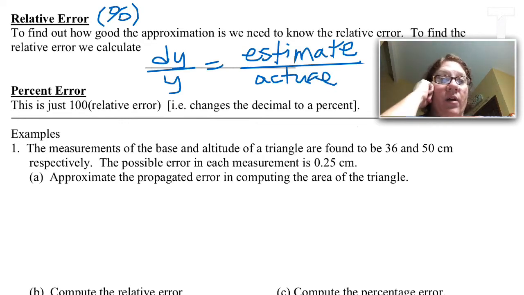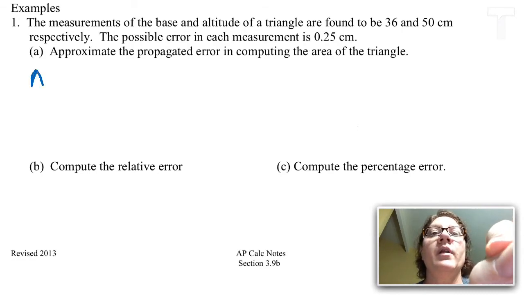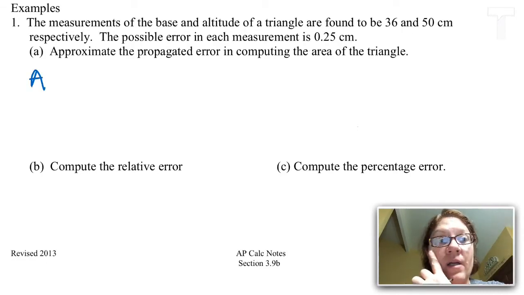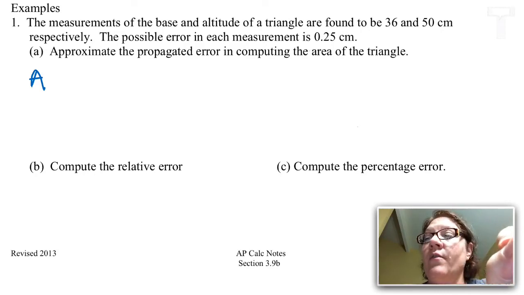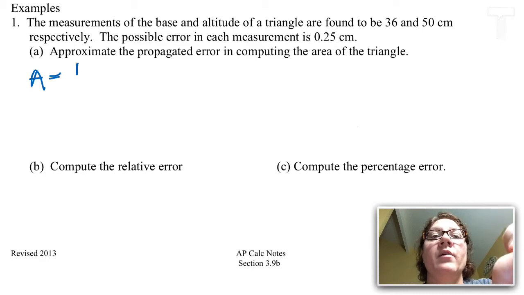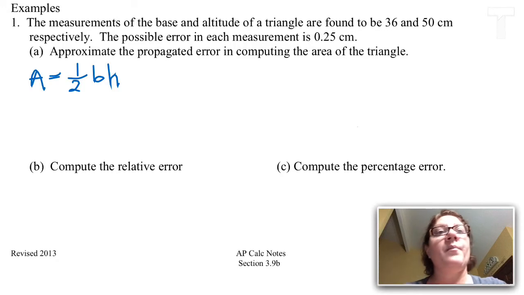All right, so let's look at an example down here on number 1. So I'm calculating the area of a triangle, and I want to know how much error I'll have if my measuring is not so good. So of course I have my formula for area of a triangle, and I would need to know what the actual area is and what my estimate is with the errors in them.